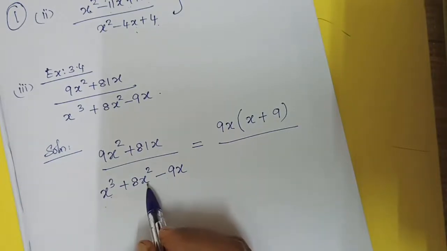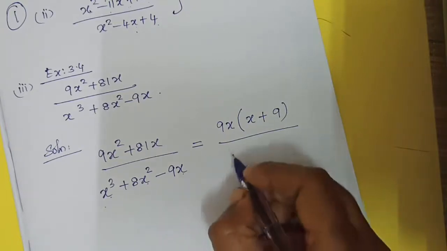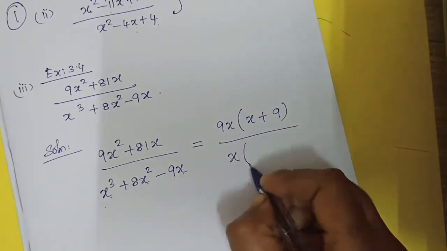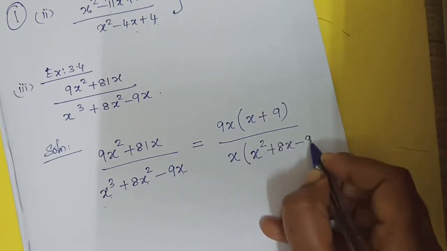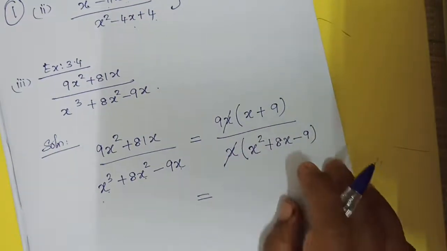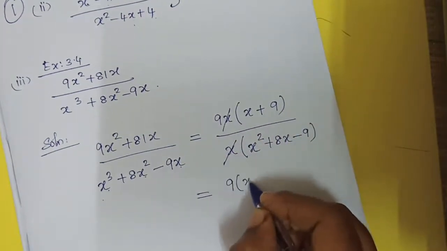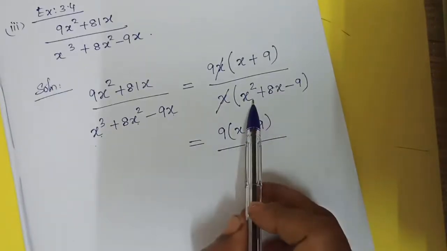Here x³, here x², here x, so x we can take common. After taking x as common, x² + 8x − 9. Now this x and x get cancelled. So 9(x + 9) divided by a quadratic polynomial.